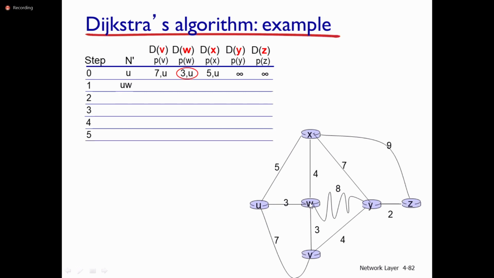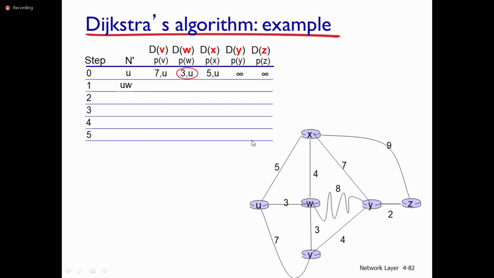If you choose U to X, the cost is 5. If you choose U to V, the cost is 7. So that's why we consider the path from U to W.